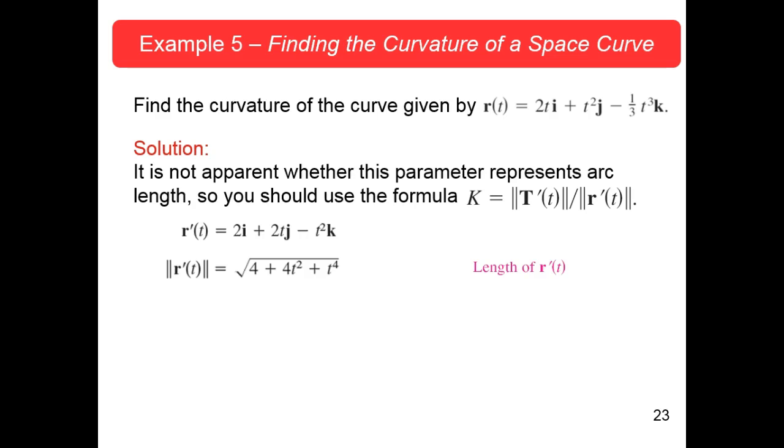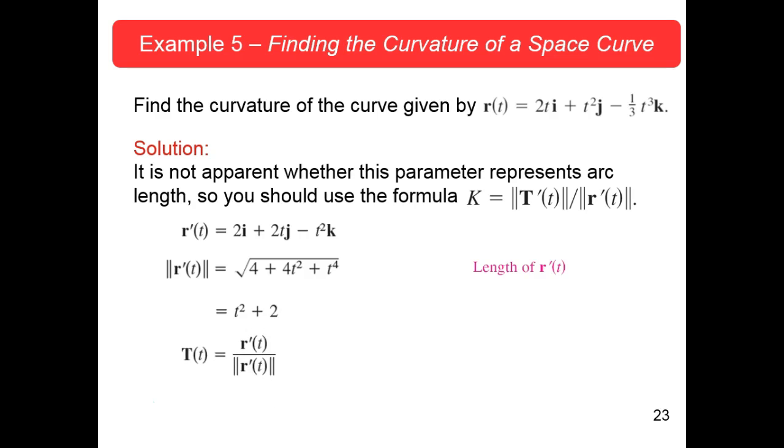And if you take that out, that's going to give you t squared plus 2, because that inside the radical is a perfect square trinomial, perfect square of t squared plus 2, and so your square root of a square is just the function t squared plus 2. So there's your magnitude of R prime.